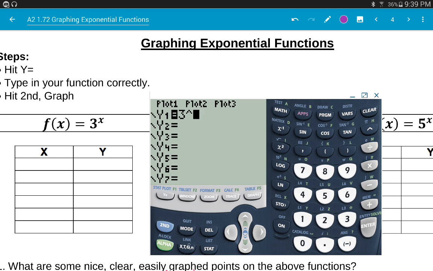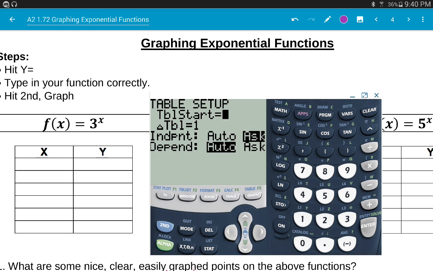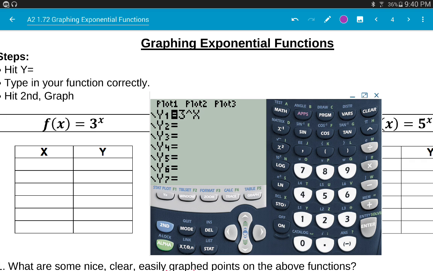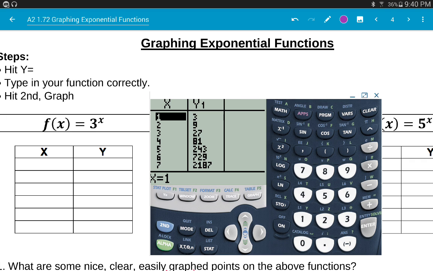X is this button next to alpha, diagonal from the second button. We're going to hit second and then table. I want to make sure my settings are on the defaults. Okay, now we're good. So from y equals, I'm going to hit second, table.